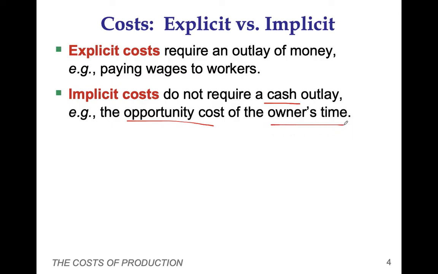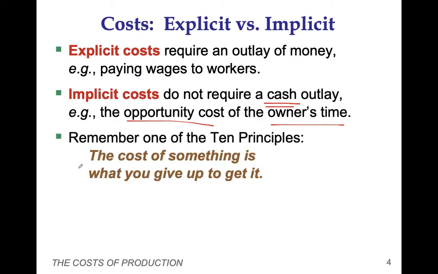The firm owner's time is an opportunity cost, and it is not materialized by a payment of cash. So it is an implicit cost. Remember one of the 10 principles we talked about: the cost of something is what you give up to get something. This is actually the definition of the opportunity cost. It is what you give up to get something.